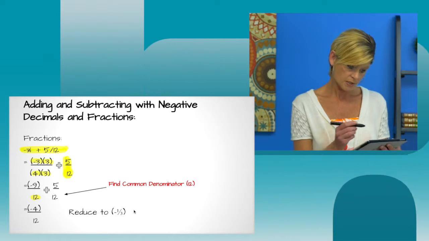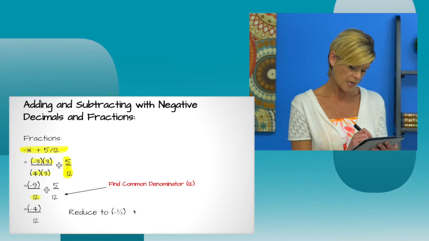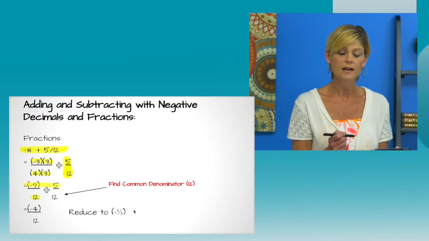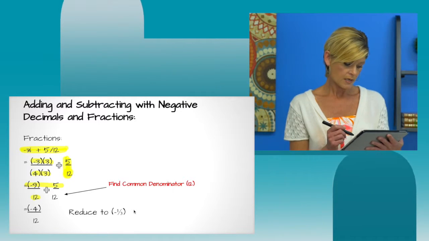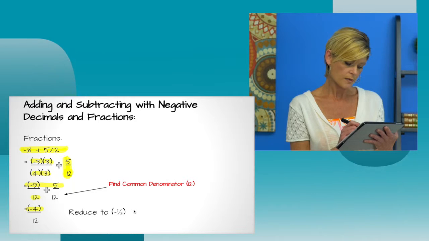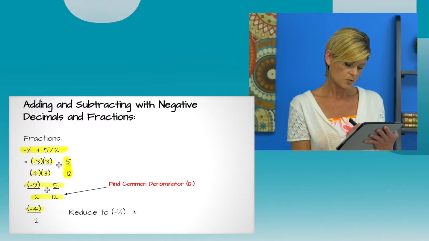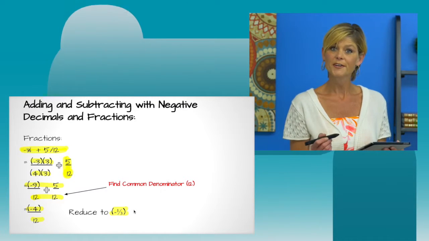All right, that's pretty much all you have to do as far as finding a common denominator. Then you simply add negative 9 plus 5, and if you know how to add integers, that shouldn't be a problem for you. So you have negative 9 plus 5, which gives us negative 4. The denominator will be 12, and then we simply reduce to negative 1/3.